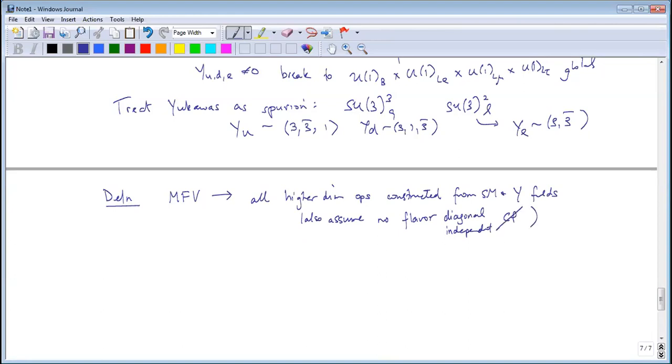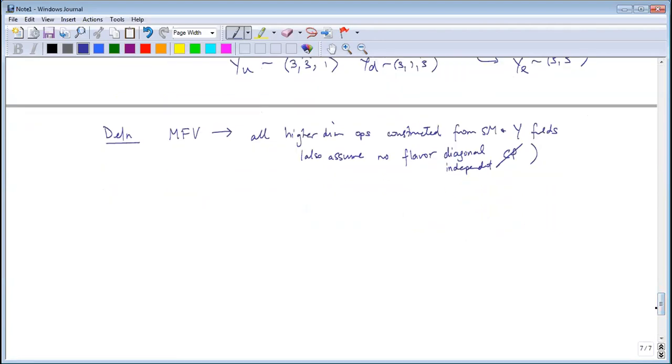By flavor diagonal or flavor independent CP violation, I mean, remember the CP violation in the weak interactions of the standard model is a flavor changing effect. There's no vertex that preserves flavor and is associated with CP violation. So when we have new physics, we could have those, right? Supersymmetry soft breaking terms, for example, generally will have those, and those are very much constrained by electric dipole moments, because that's the thing that is suppressed in the standard model, since you have to change families 3 times just to go back. Okay?